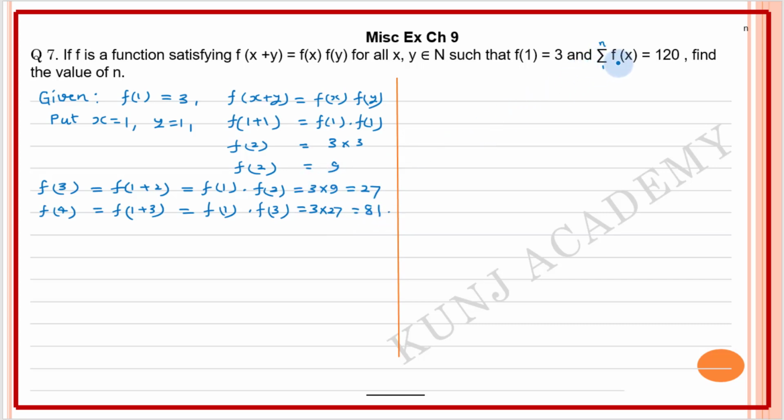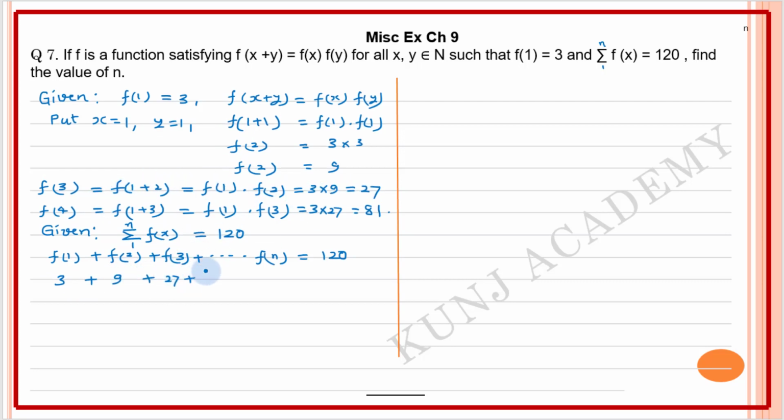Now, the sum of f(x) is equal to 120. Given that the sum of f(x), n varying from 1 to n, is 120, or f(1) + f(2) + f(3) + ... + f(n) = 120. f(1) is 3, f(2) is 9, f(3) is 27, f(4) is 81, plus n terms equal to 120.